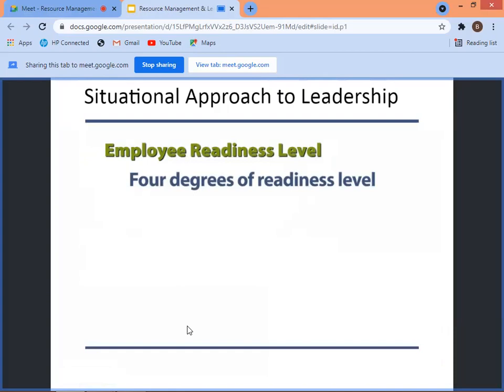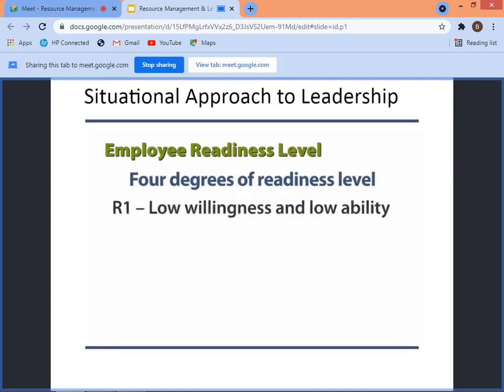There are 4 degrees of leadership readiness level of employee. You have to go through these degrees of readiness level. If you want your employee to become a Y employee, remember the Y employee of Douglas McGregor? If you want them to become a Y employee, or the delegating employee, Laissez Faire, then you have to go through this process.